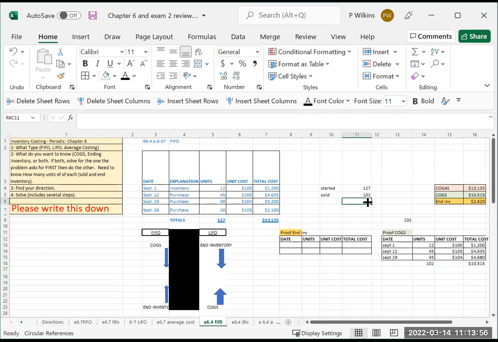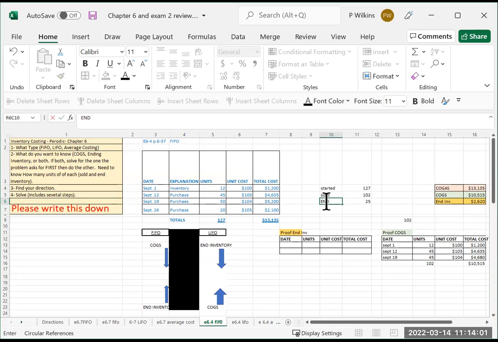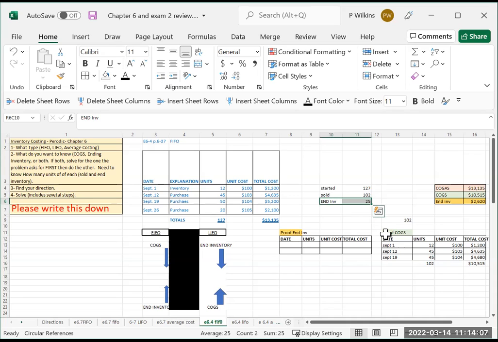So that means 25 units are left in ending inventory, okay? So we're gonna count from the bottom up until we get to 25 units to get our cost.